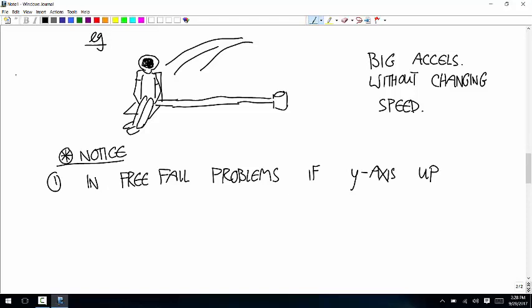I think it's a good idea to just always do that. Then the acceleration vector is 0 horizontally, negative 9.81 meters per second squared for a y component.